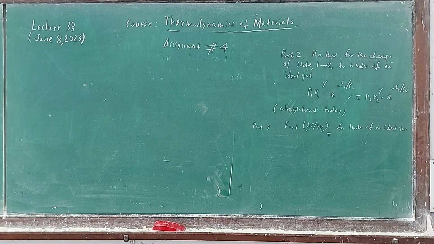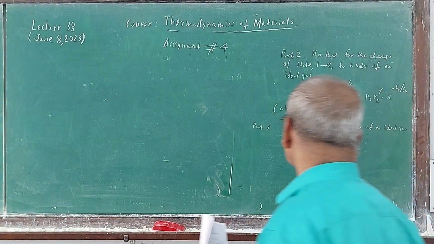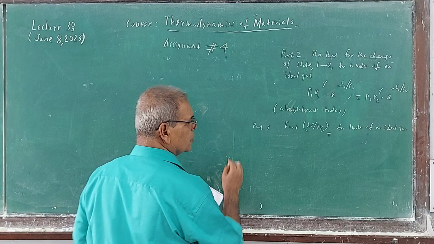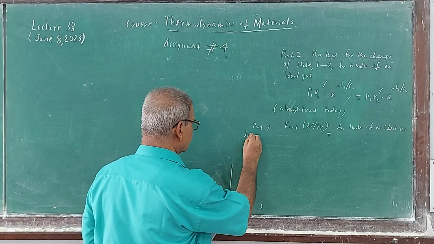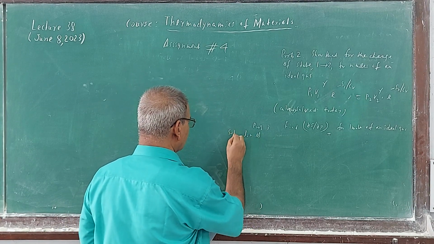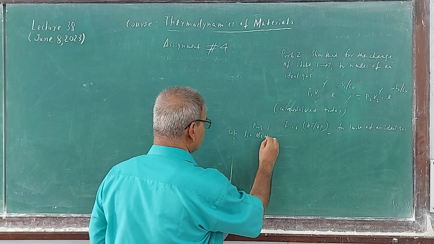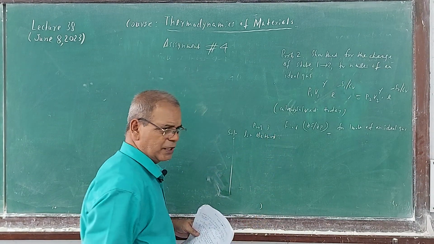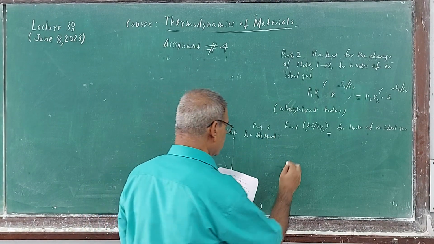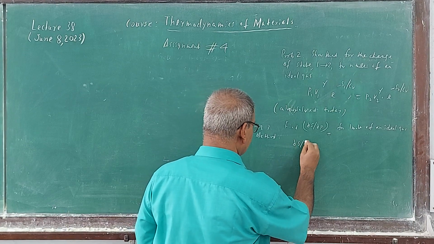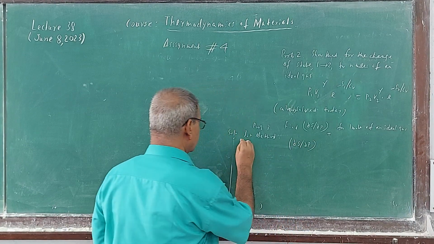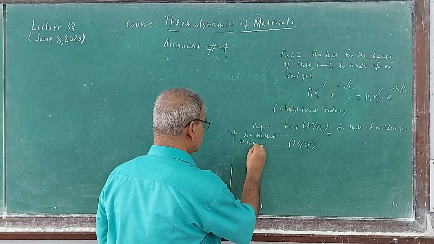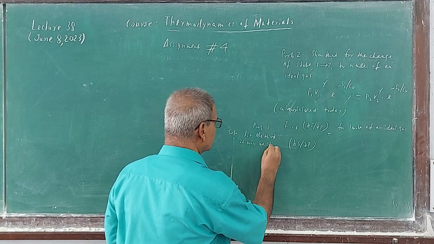Okay. So how to solve this problem? Solution I am doing here. Two ways. First method is, I'll tell you in the next class, soon, del S by del P, it will be proved.